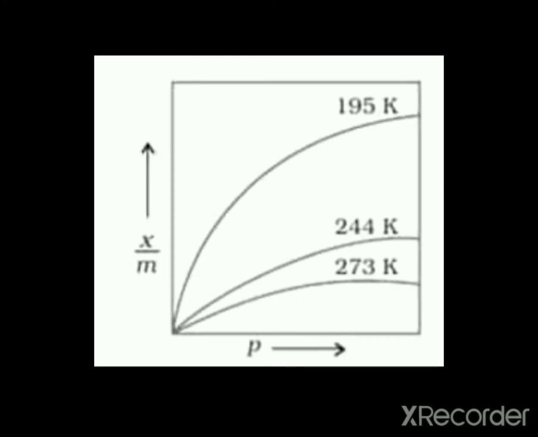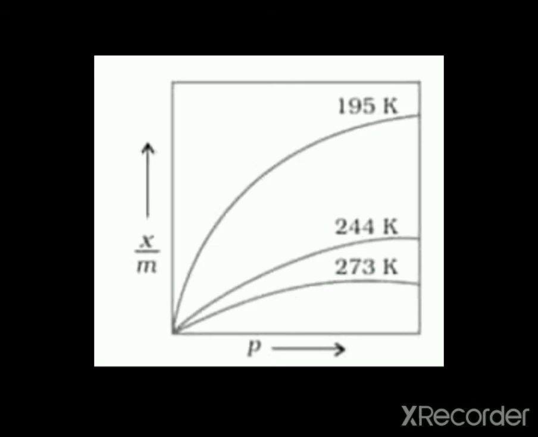In this figure, you will find three different adsorption isotherms studied at three different temperatures, one at 273 Kelvin, another at 244 Kelvin, and the third one at 195 Kelvin. The variation in the amount of the gas adsorbed by the adsorbent with pressure is studied at a constant temperature of 273 Kelvin.